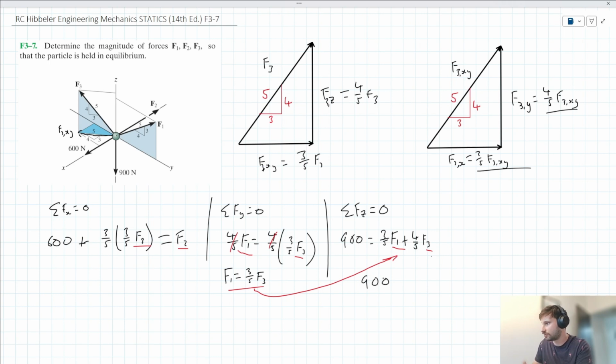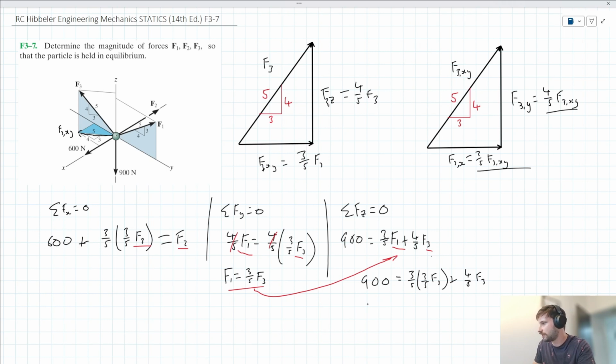We can say 900 then is equal to 3/5 of 3/5 of f3 plus 4/5 of f3. I reckon it would make sense to simplify our right-hand side and then to factorize it. So we just have f3 there, which we can then make the subject.